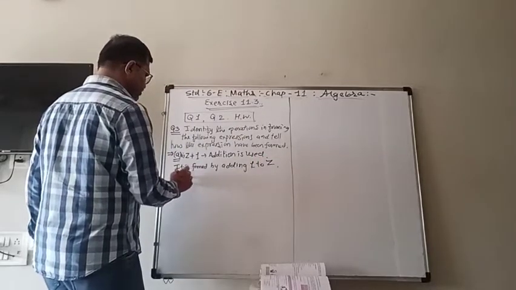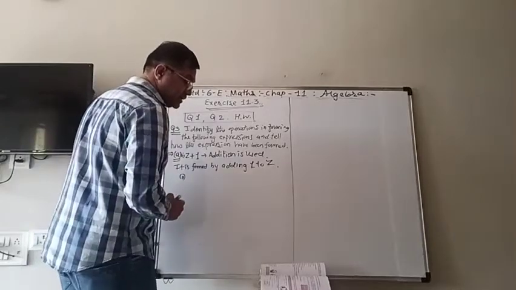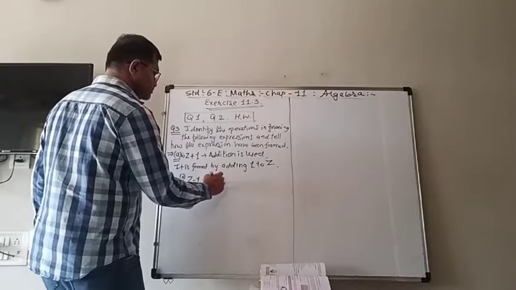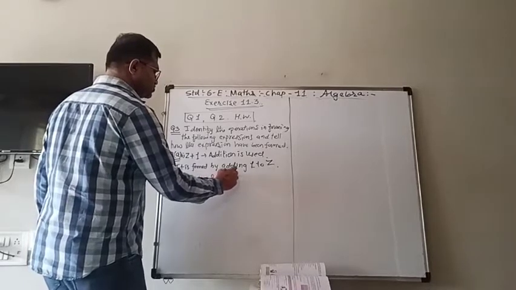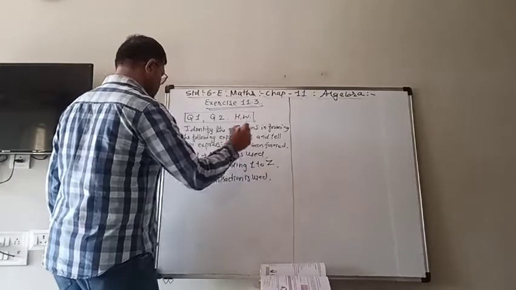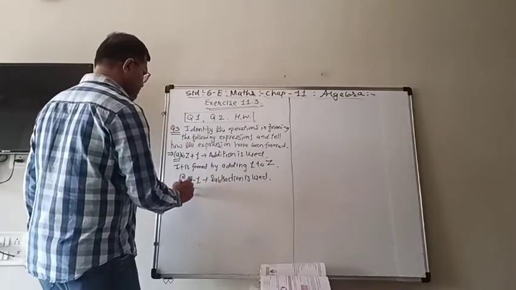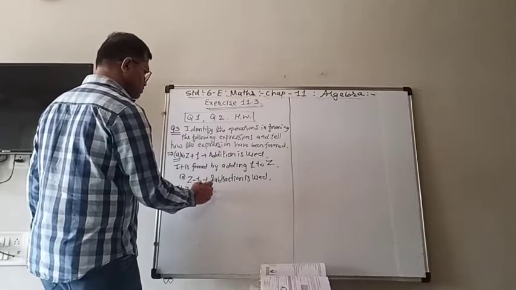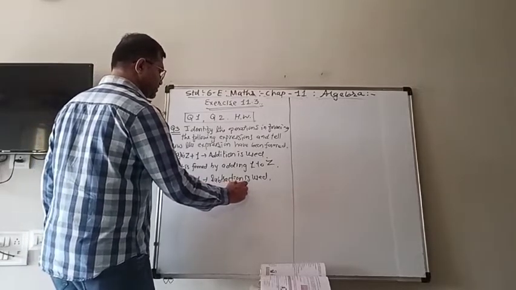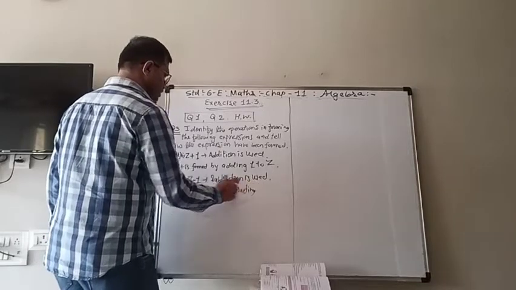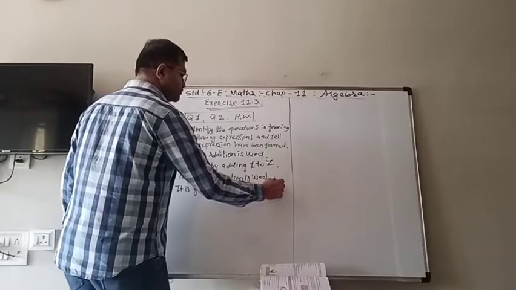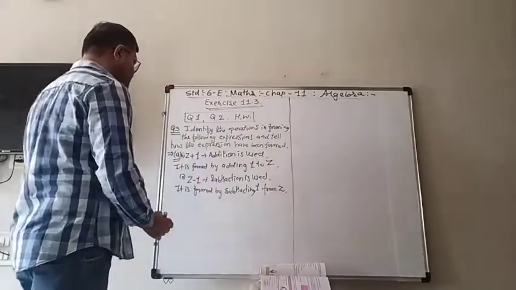Then there is the second one also, that is z minus 1. Here subtraction is used, and it is formed by subtracting 1 from z.